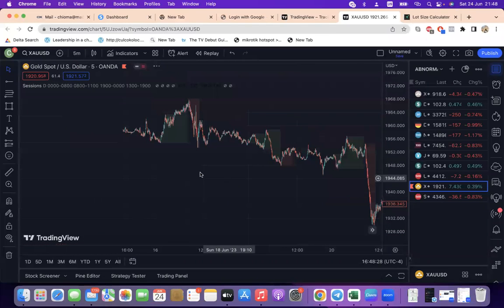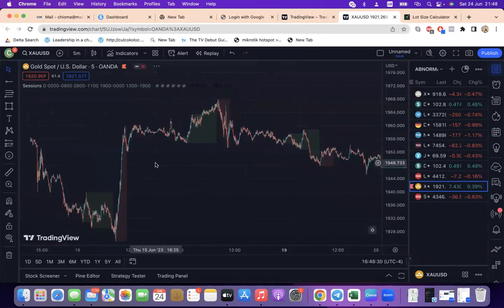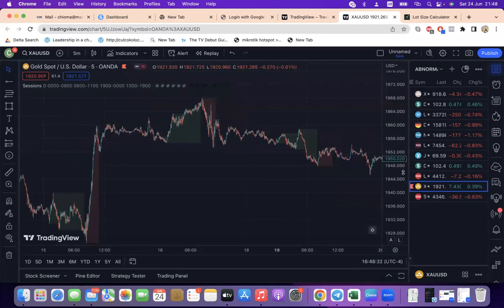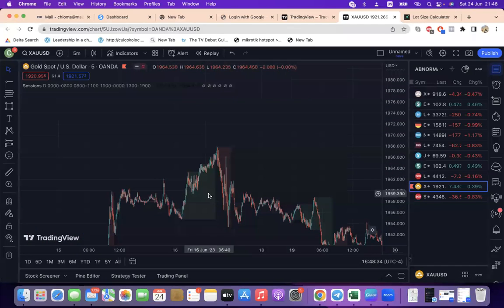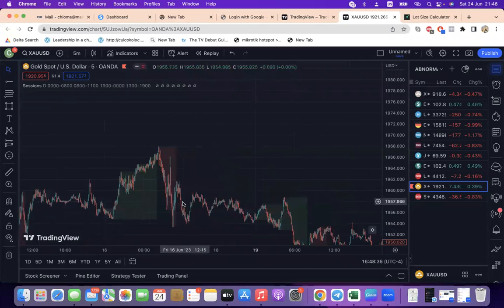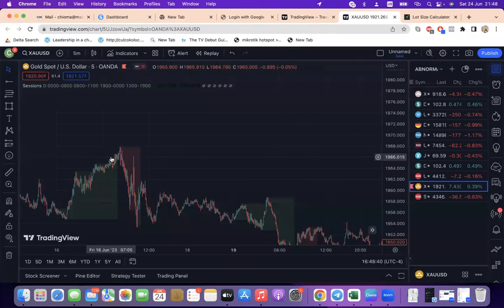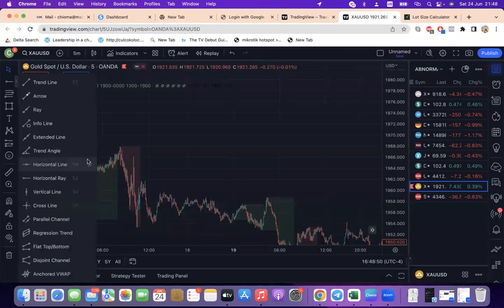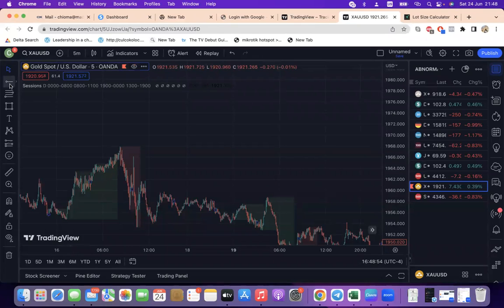Where it swept. Aha, this one. Look at it on the 5 minutes. Please bear with me. That one. So what happened? It swept above the London session, which is the green one. This was the high of the London session. So it swept above. When it swept above, what you're looking for now is a change of character. Your change of character happened twice here, even on the 5 minutes.